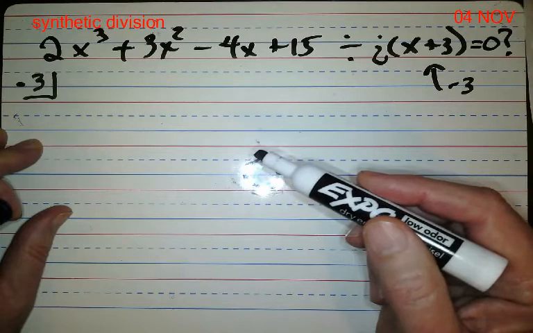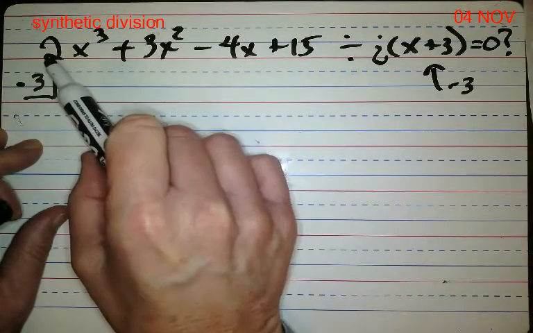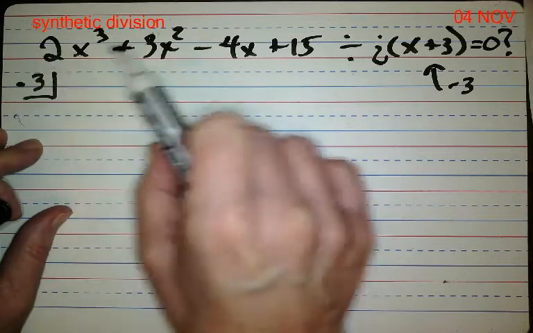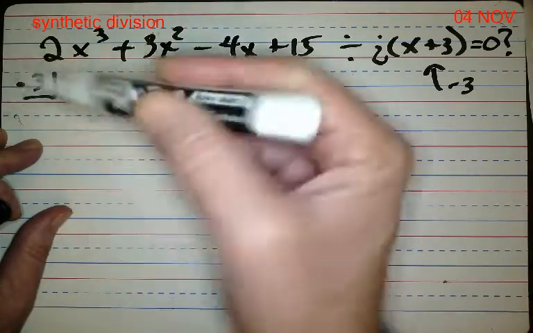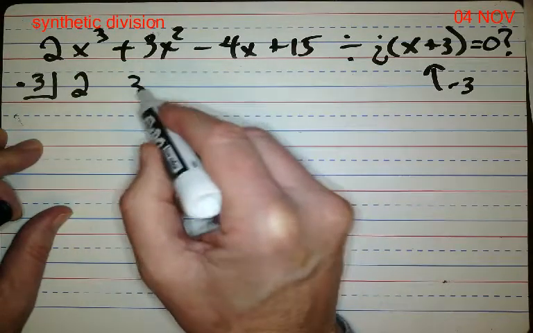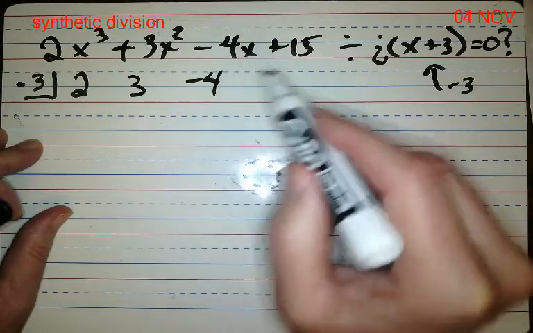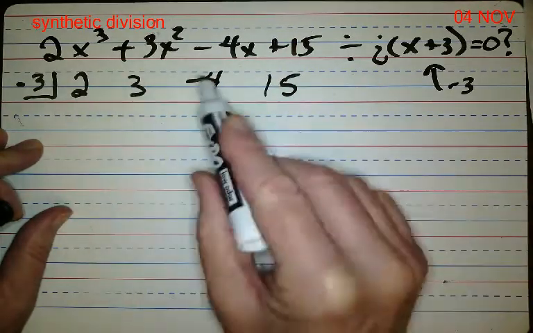It is very different. When you do synthetic division, you have to use the numbers that are in front of each of the terms, the coefficients. I write a 2, a 3, a -4, and a 15.